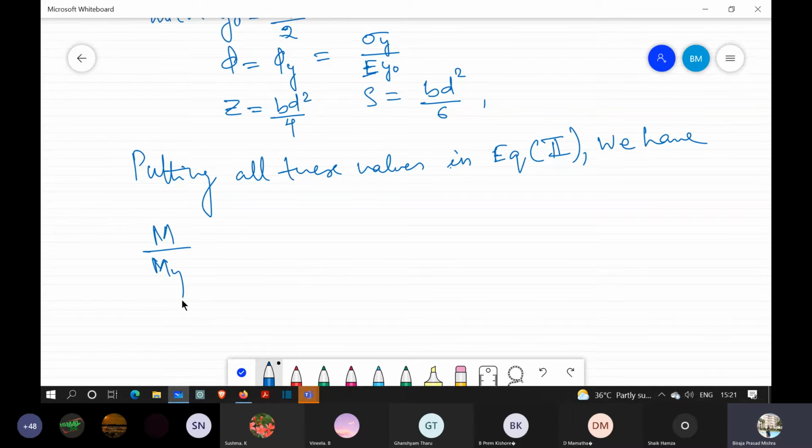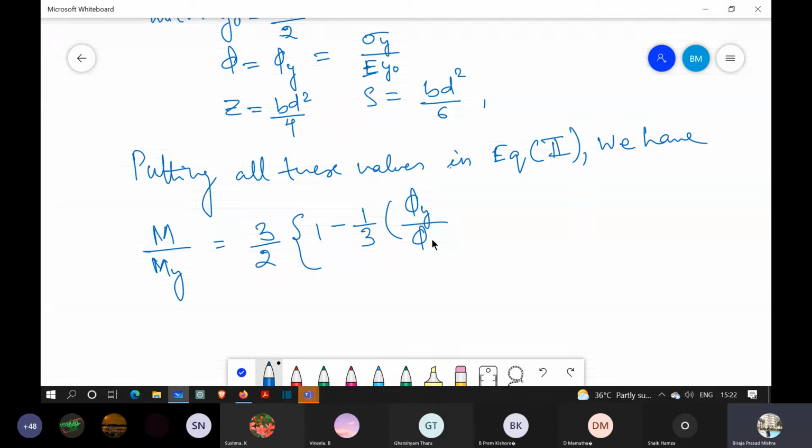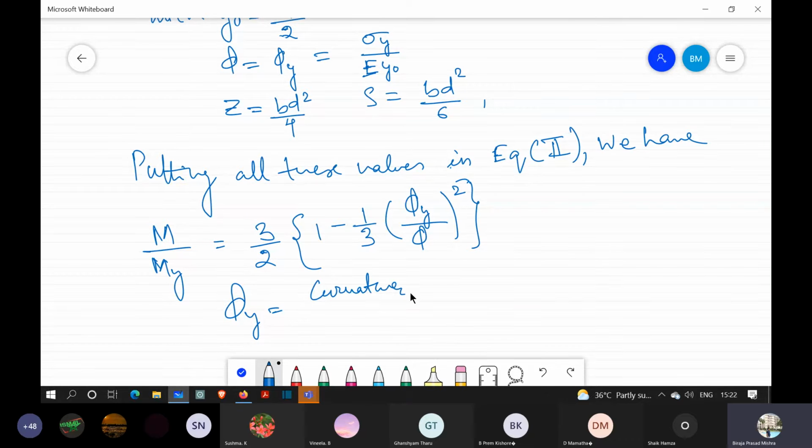So M by My equals 3 by 2 into (1 minus 1 by 3 into (phi y divided by phi) whole square), where this phi y we are calling the curvature at yield.